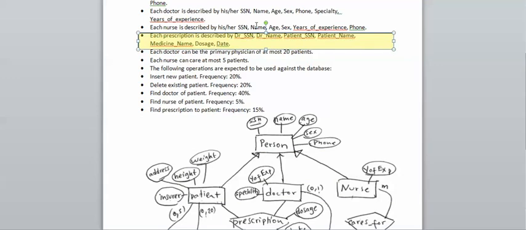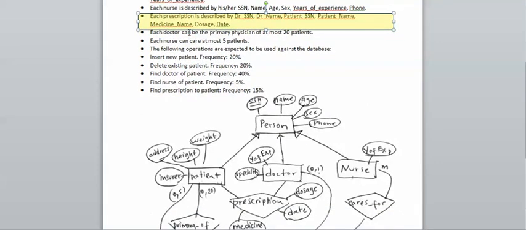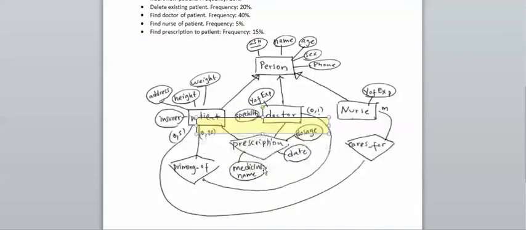For example, doctor's social security number is already an entity, but it's an attribute of another entity, doctor's name, patient social security number, and then there are things that are not in the other entity sets, like medicine name and dosage. Then again, it is a relationship because it's saying something about two entities. So if we go over here and see the way that I have it, this is where we have the prescription.